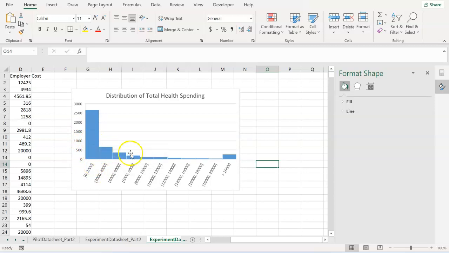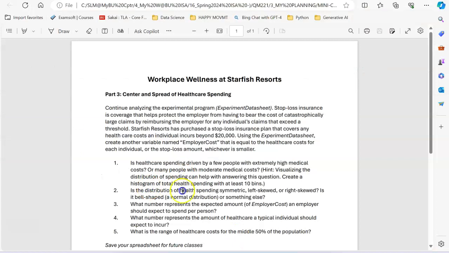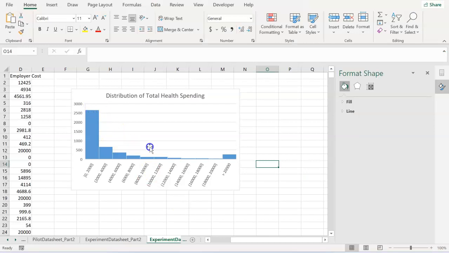But there is also a group of people with a very high spending cost over 20,000. Okay, next question. Is the distribution of health spending symmetric, left skewed or right skewed? Is it bell shaped, normal distribution, or something else? Well, it looks like right skewed. Okay, it looks here that it's right skewed.